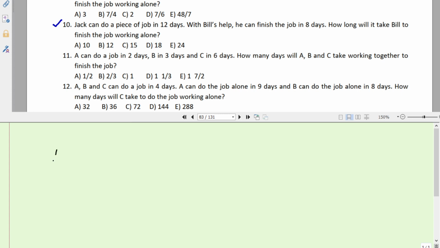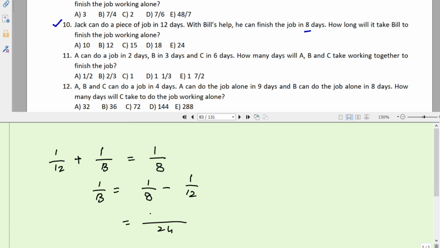So it will be 1 over 12 plus we don't know how long Bill takes and together they are taking 8 days. 1 over 8. So we need to find this value of B. Subtract 1 over 12 from both sides and this is what we have. You can make them 24.